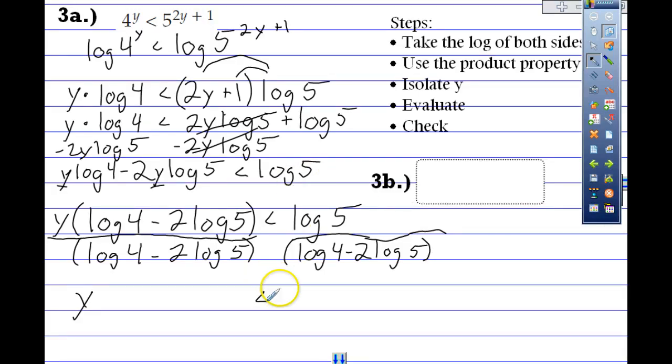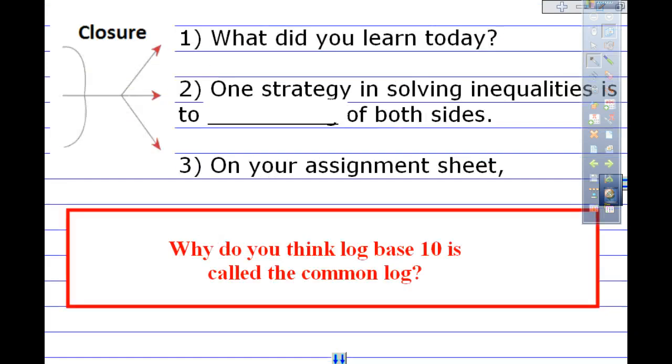Alright, and then I'll let you put that in the calculator and calculate the decimal. That's going to be it.